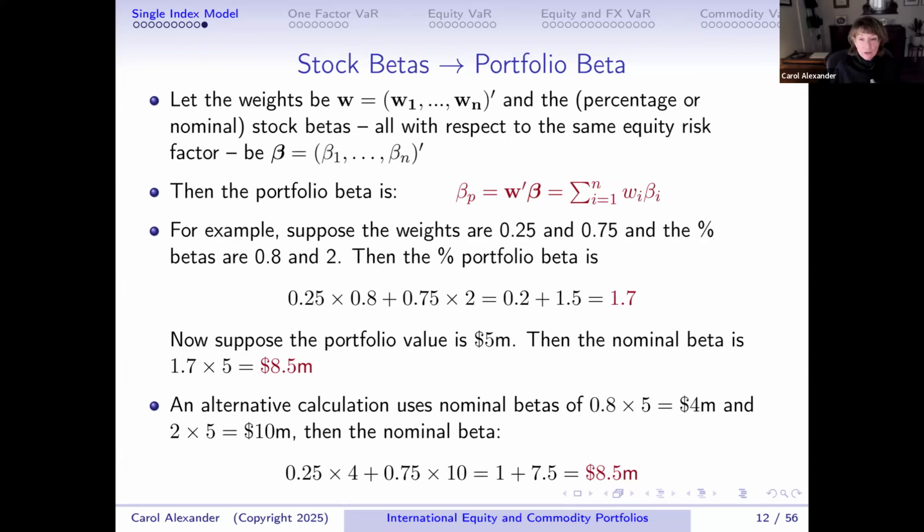If you want, you could take the nominal betas straight away. So we've got percentage betas of 0.8 and 2. We could multiply 0.8 times 5 to get 4 million, and 2 times 5 to get 10 million. And then we just use the weighted sum of the nominal betas. So this red formula here on this slide applies whether the betas are percentage or nominal.